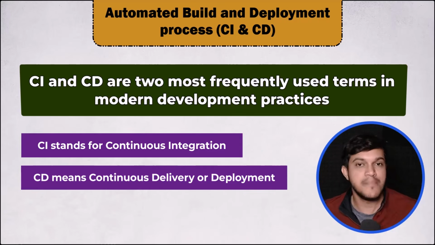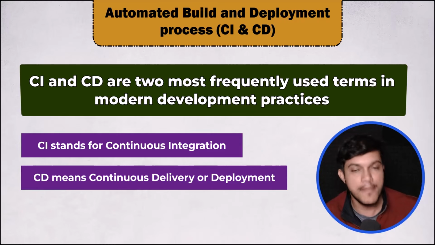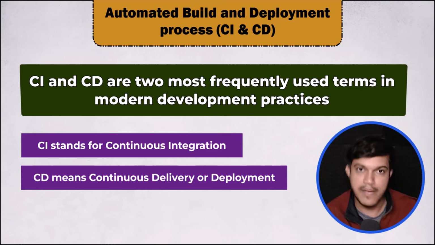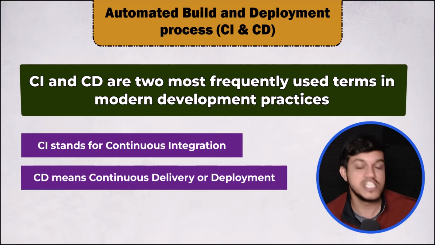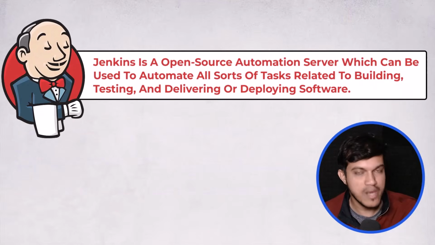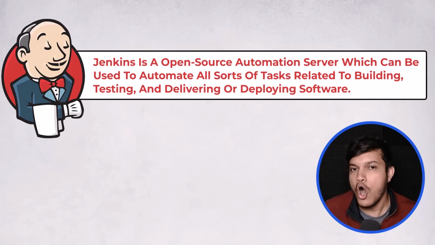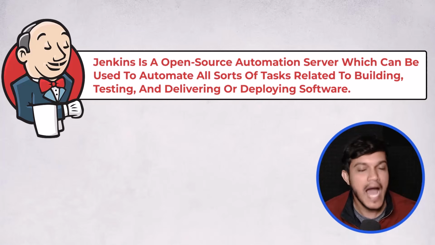Continuous deployment: communicating with Docker, getting the Docker image, communicating with Kubernetes to automate the deployment process. So CI/CD is basically the build and deployment process which is automated, which is performed by Jenkins. So basically Jenkins is an open source automation server which is used to automate all sorts of tasks related to building, testing and deploying, or you can say delivering the application.